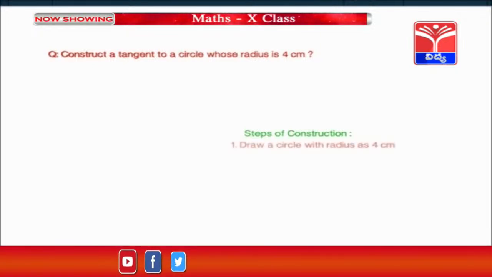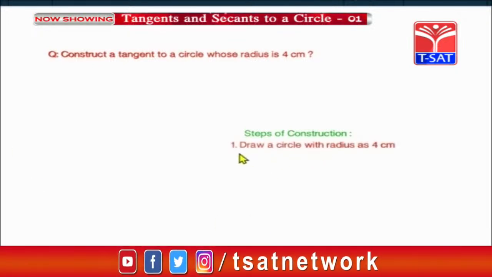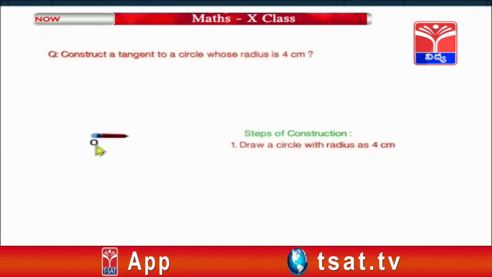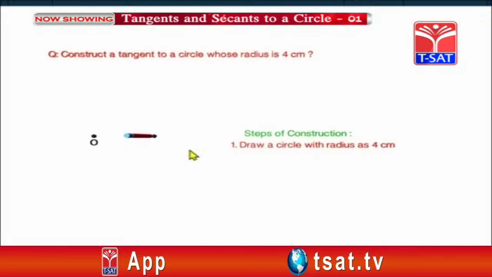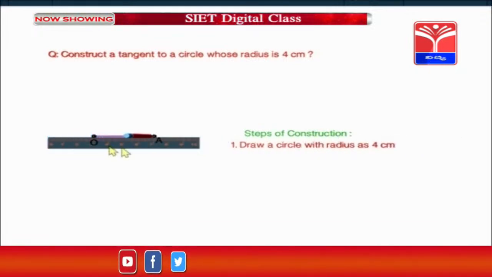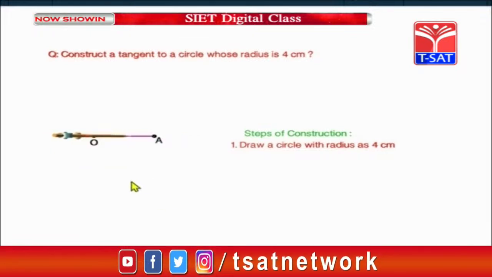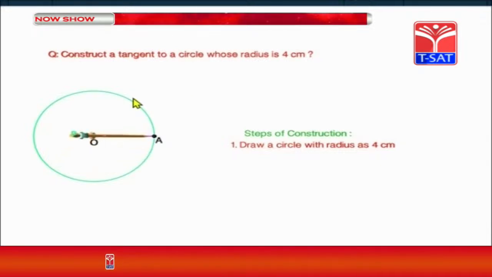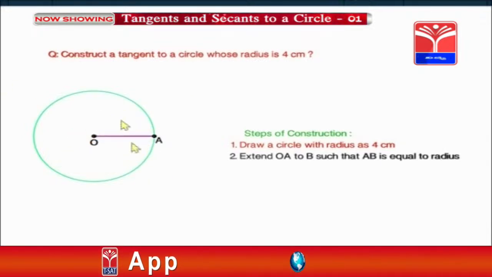Let us draw a circle. The first construction step is to draw a circle with radius 4 cm. I am taking center as O and radius as 4 cm. OA is 4 cm, and from O as center and OA as radius, I am drawing a circle with radius 4 cm.